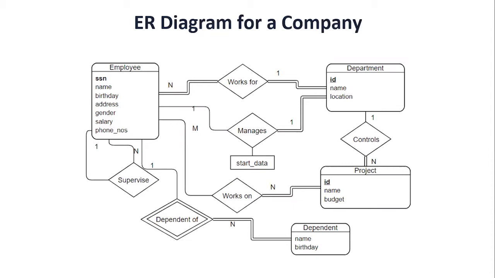So now we are going to use this particular ER diagram or the ER model throughout this lesson, and we are going to use our 7-step process to convert this ER diagram into a relational model schema or the database schema for this particular organization.